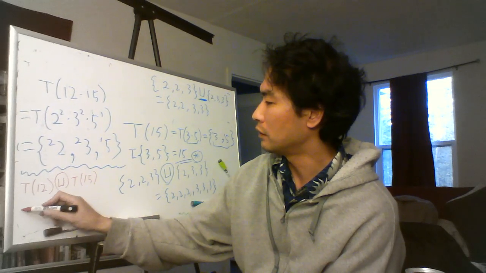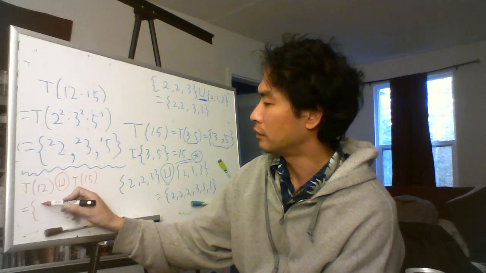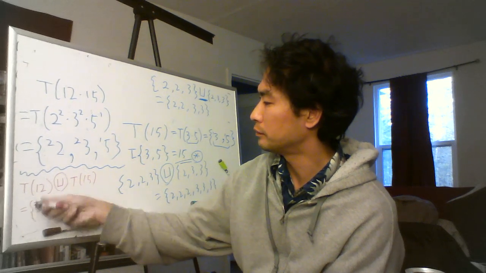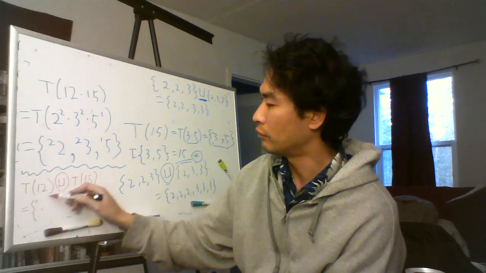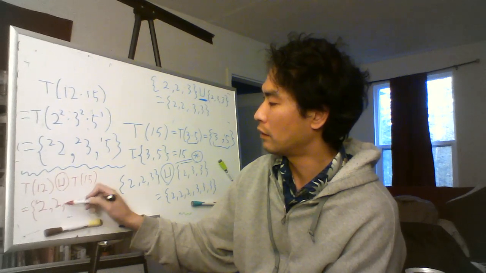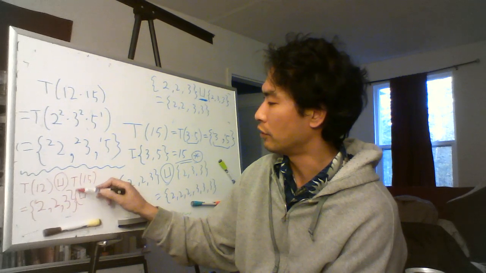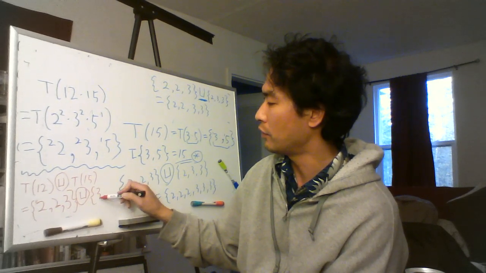This is what? 2 comma 2 comma 3, right? Strict union, and you have 3 comma 5.